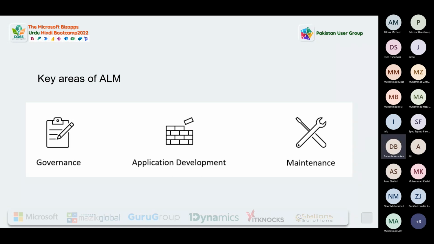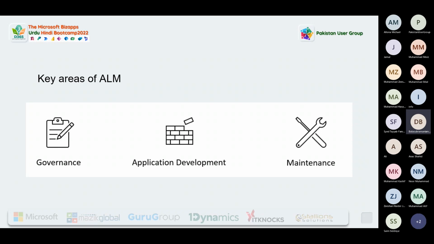And to make it easier, you can see the ALM process has a total of seven stages. First, it starts with requirement management.